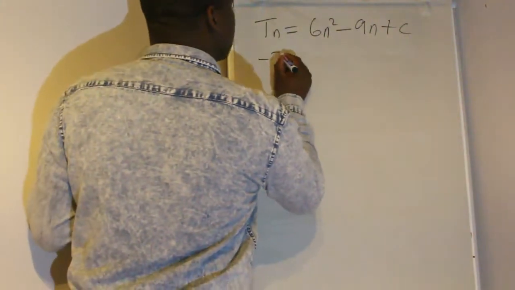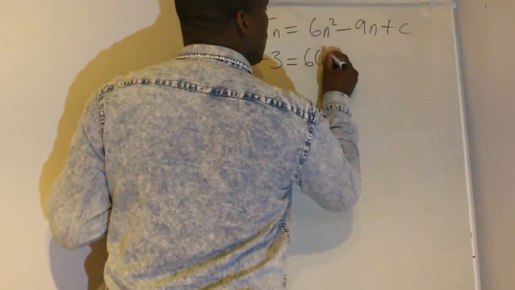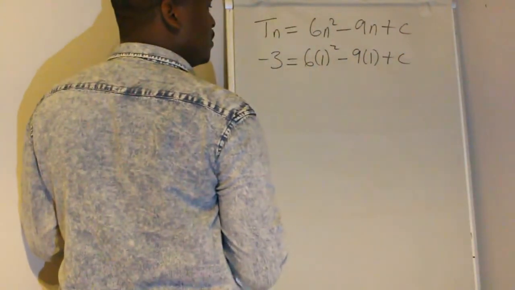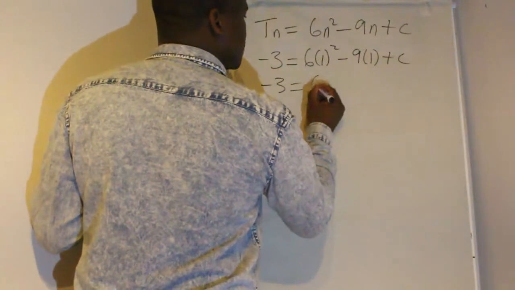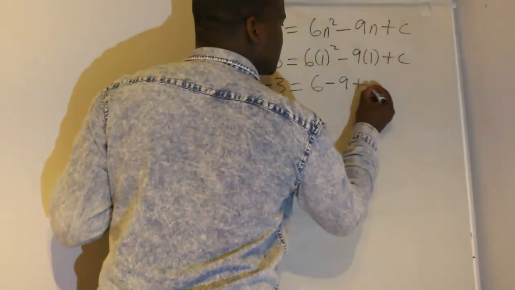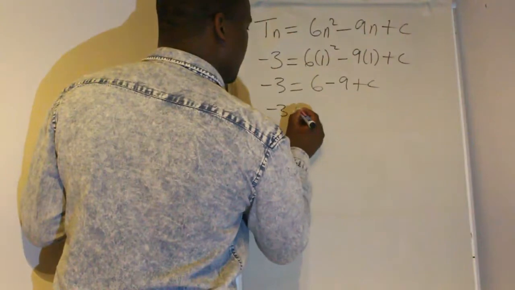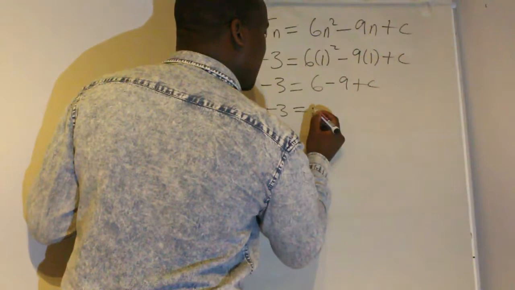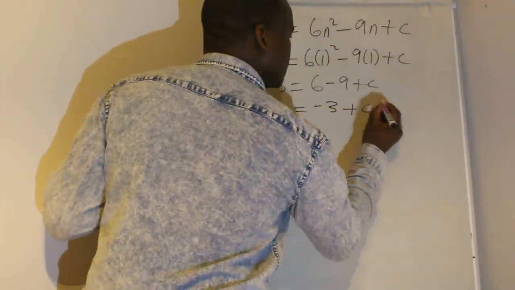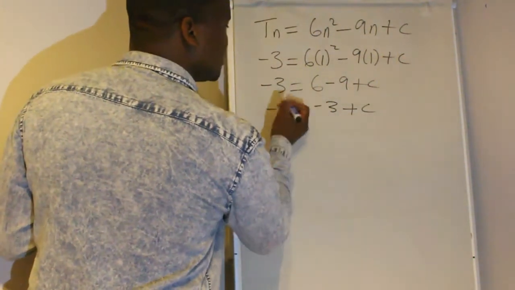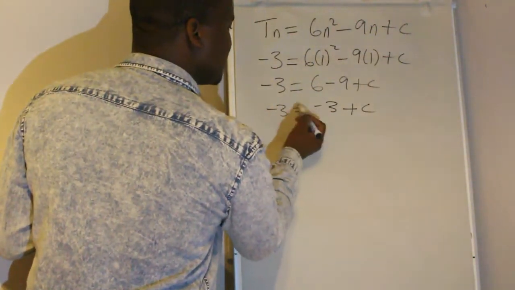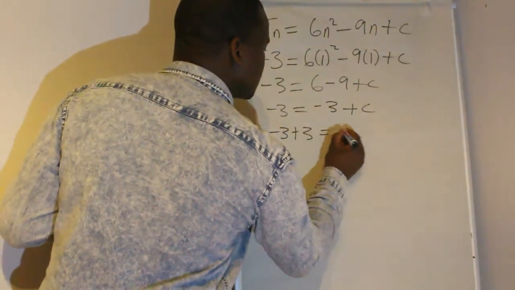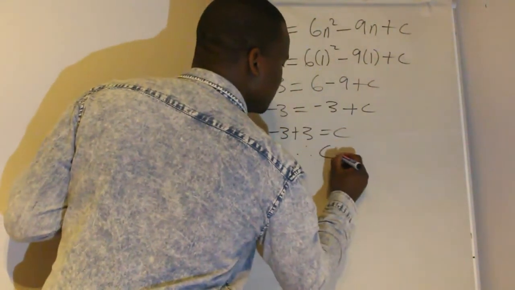So -3 is equal to 6 into 1 squared minus 9 into 1 plus c. So -3 is equal to 6 minus 9, which is -3, plus c. Then you transpose the -3 to this side, so -3 plus 3 is equal to c. Therefore, c is equal to 0.